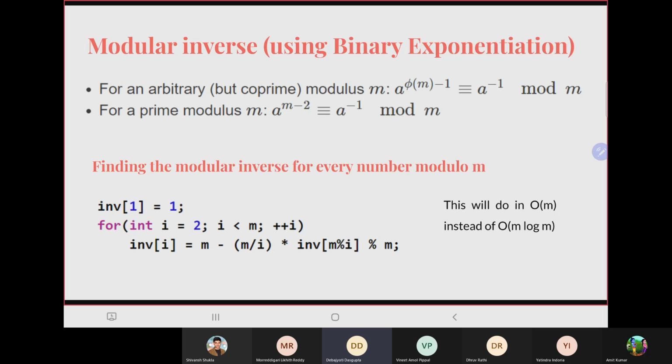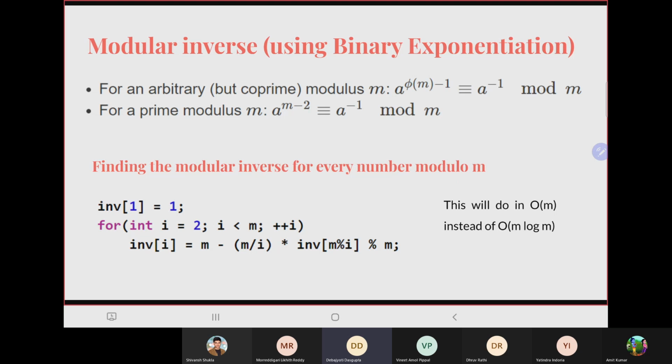So instead of doing it in m log m, because for the m numbers it will take log m each time, we can finish it within O of m time. You can just memorize this function. There is a formal proof on the CP algorithms website, but you don't need to care about the proof. Basically, you can do this in O of m, linear time.